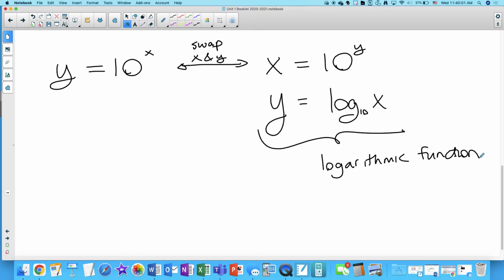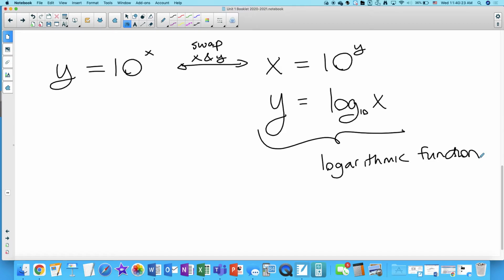Okay, so here's what I want you to do. If possible, you need a pen and a pencil. A pencil is an absolute must. You have to have a pencil for this activity. If you have a pen as well, that's great.